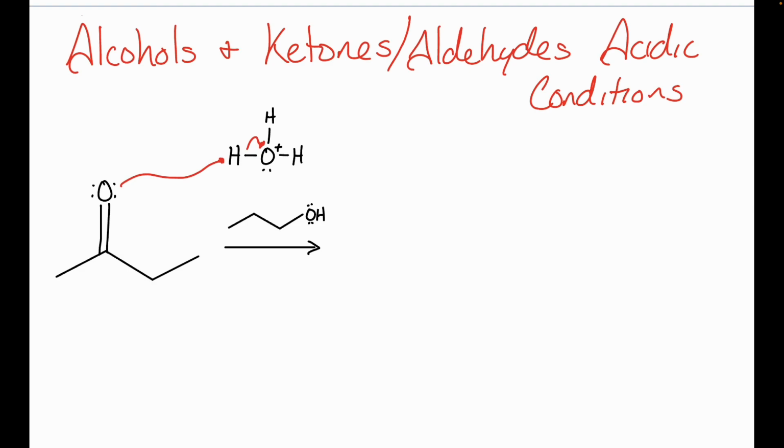All right, alcohols are not really great nucleophiles, but when we protonate that carbonyl group, all of a sudden we've created this really fantastic electrophile. So even though our nucleophile is kind of weak, our electrophile is a really good electrophile, and so that neutral alcohol can attack that electrophilic carbonyl carbon.